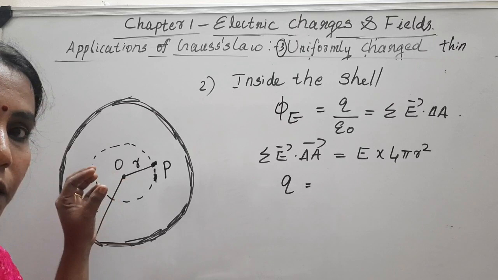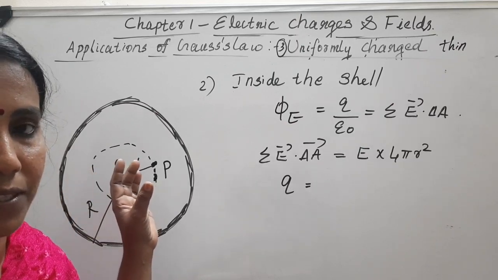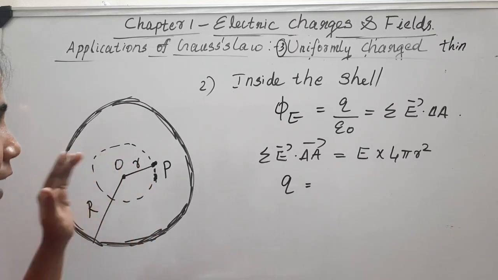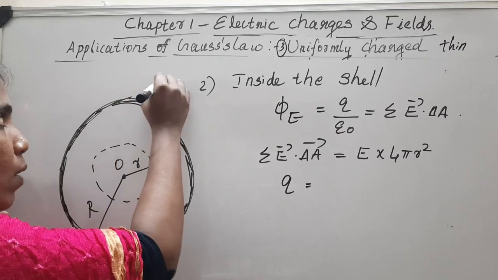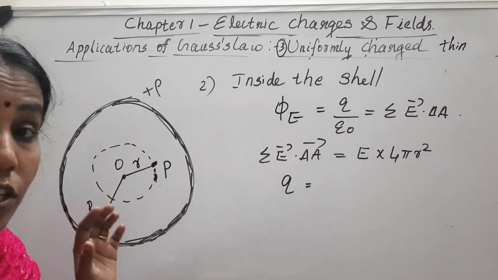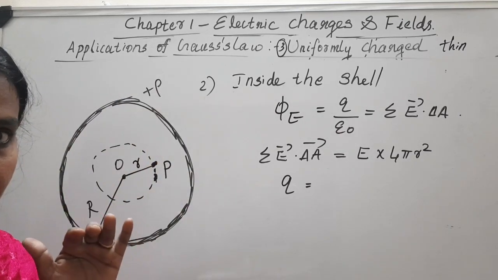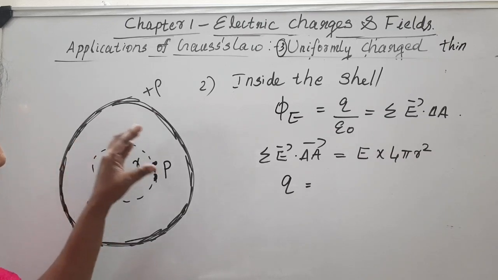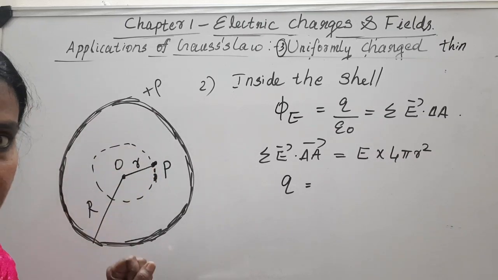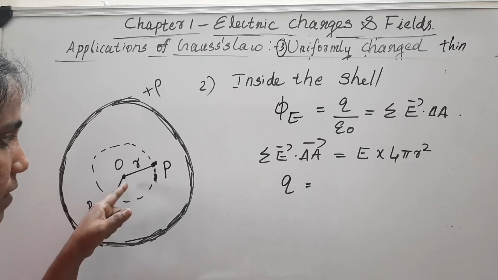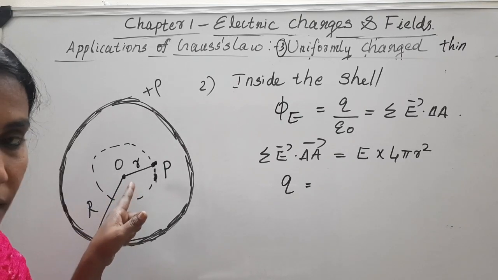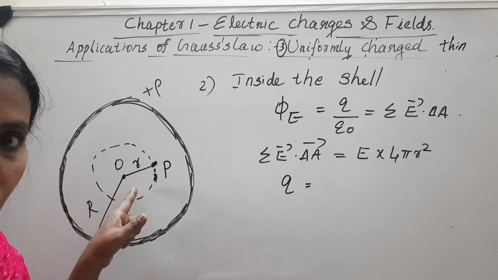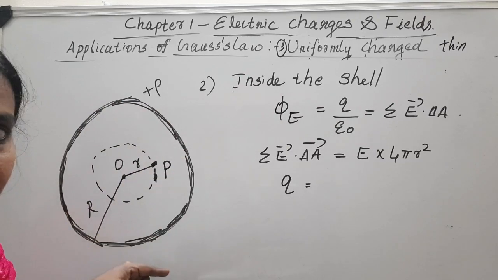The charge enclosed by the Gaussian surface. As I said, the charge lies on the surface of the spherical shell. Here we have imagined the Gaussian surface inside. So does this Gaussian surface enclose any charge? No, because the charge is on the spherical shell.